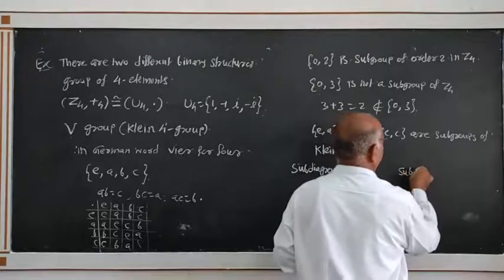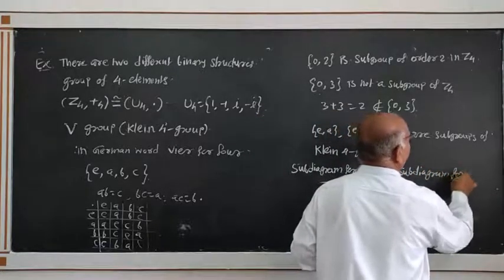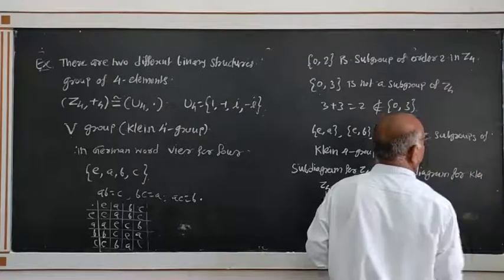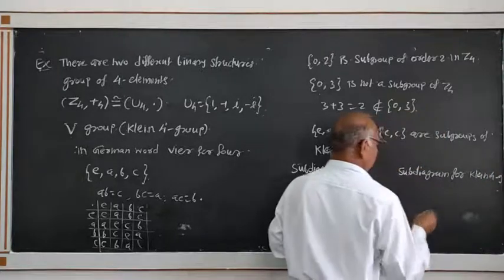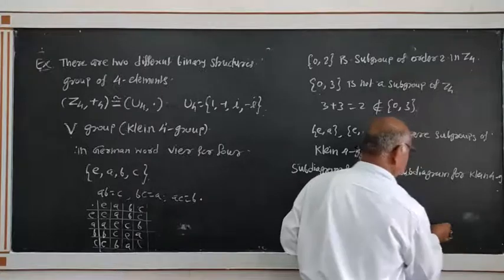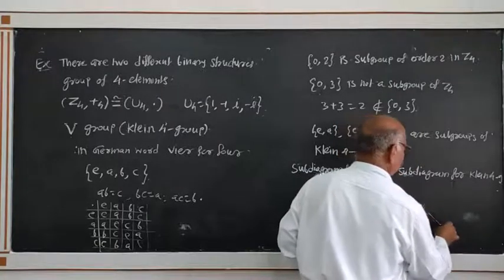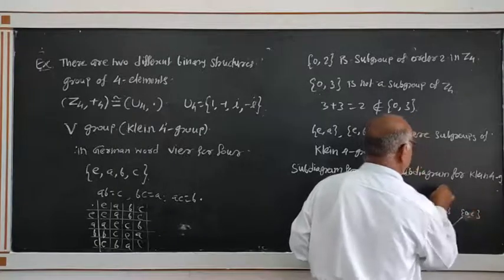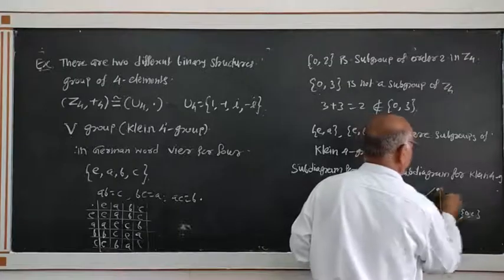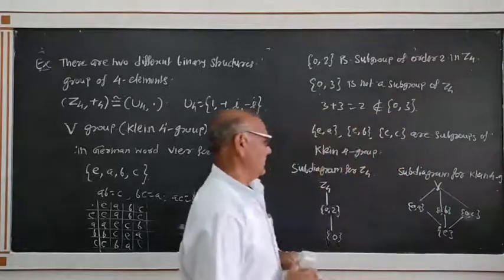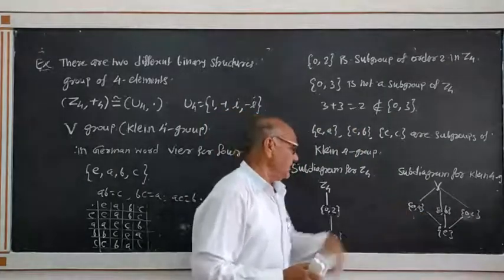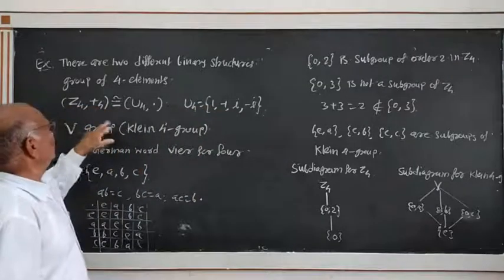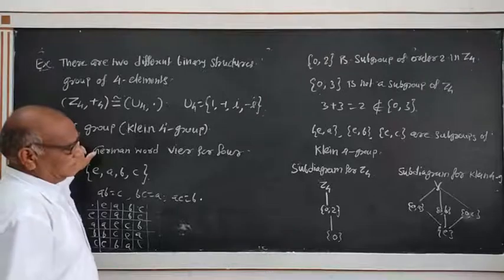Here, the subgroup diagram for the Klein group: the singleton E, then the subgroups E, A; E, B; E, C, and this is V. Both subgroup diagrams are different, and these two groups, Z4 and V, have different binary structures.